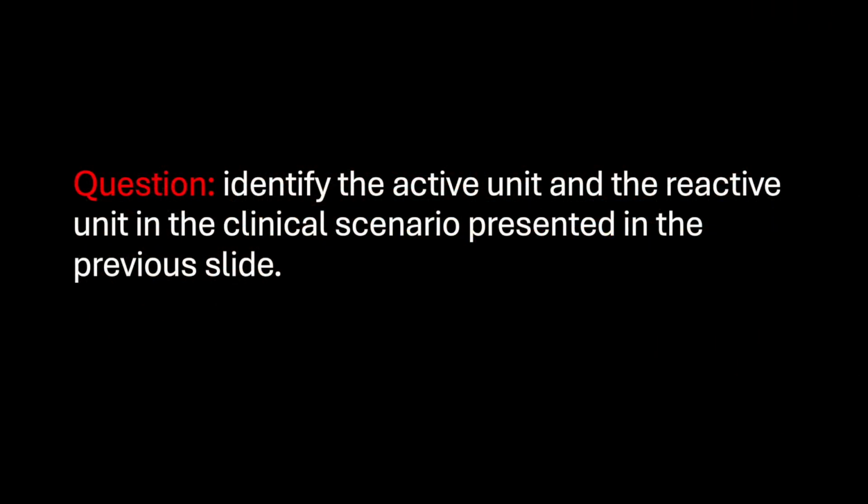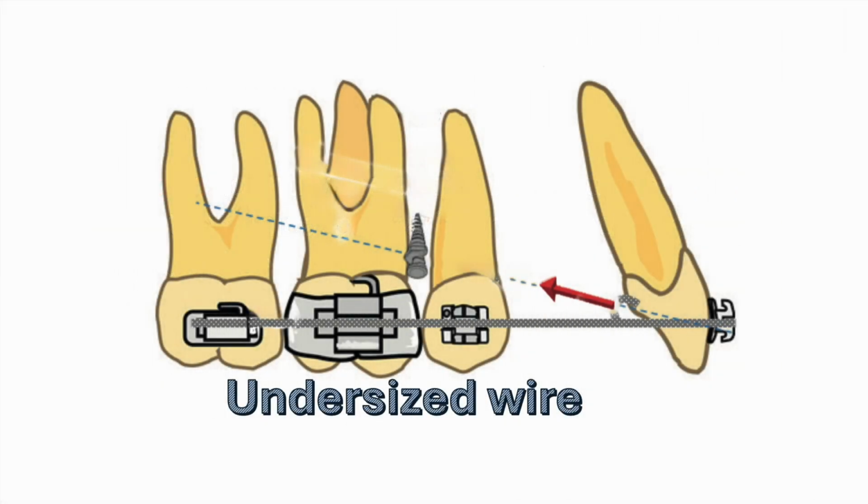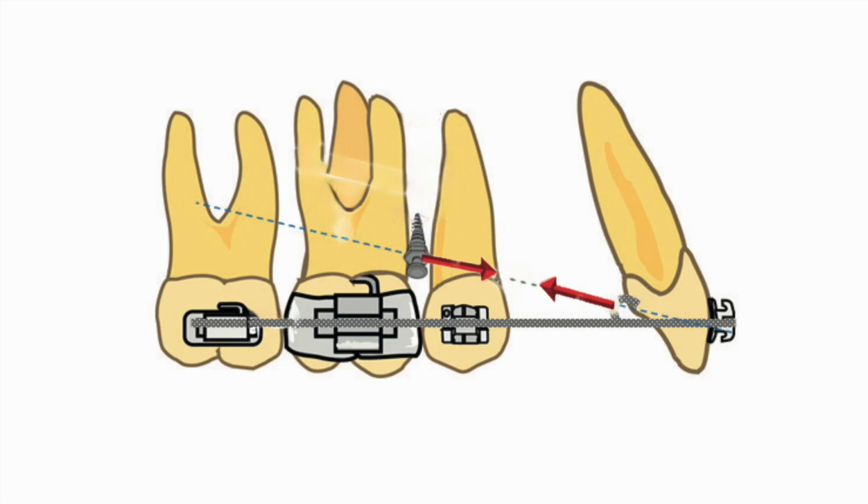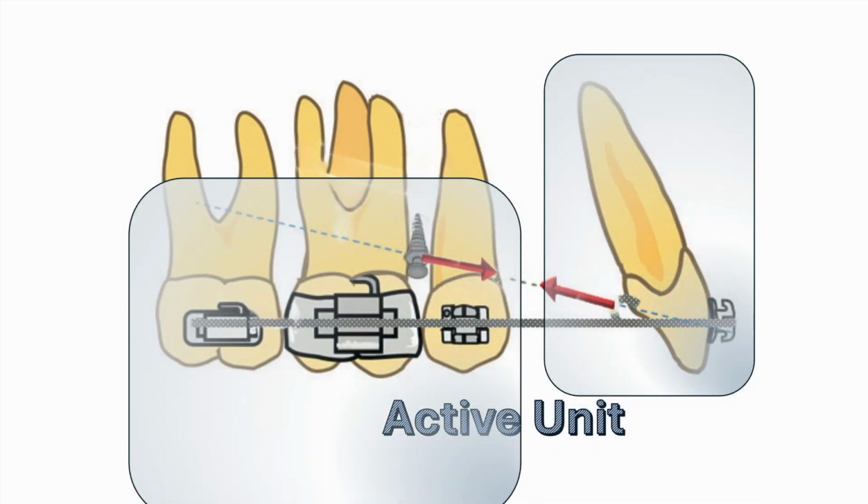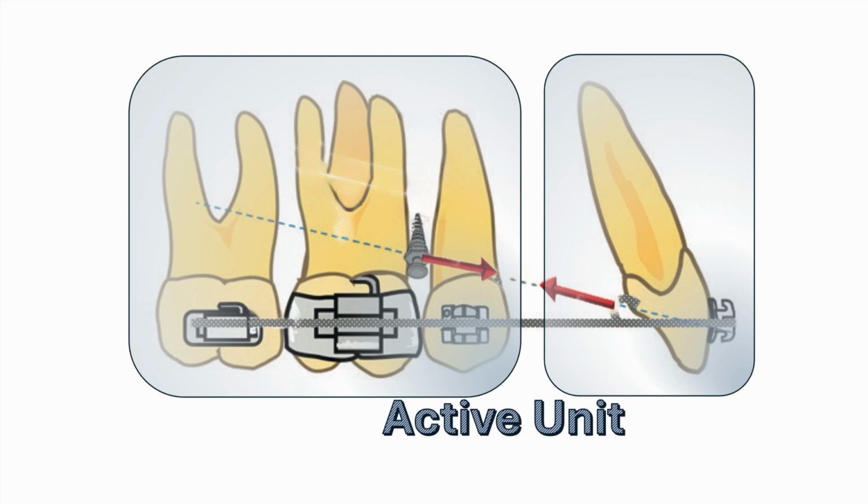Come back to the previous case. Identify the active unit and the reactive unit in the case that we use an undersized arch wire. The miniscrew placed between tooth number 5 and number 6 is the reactive unit. But we have two active units.